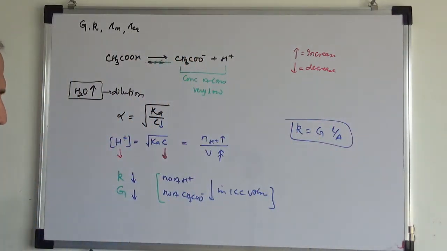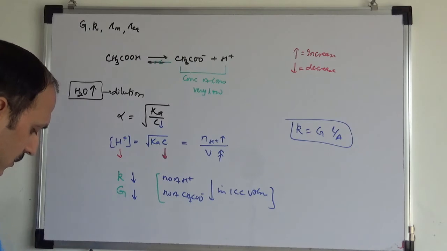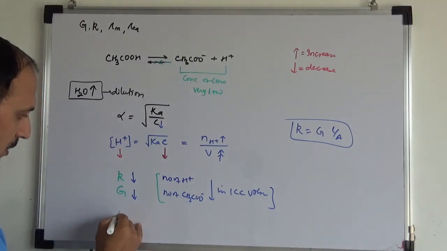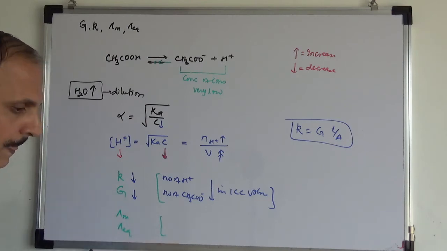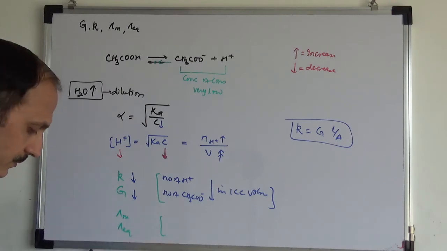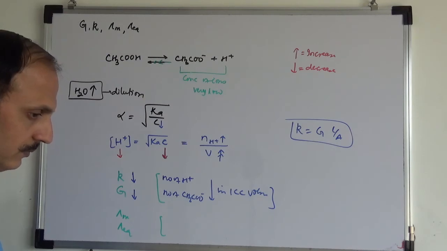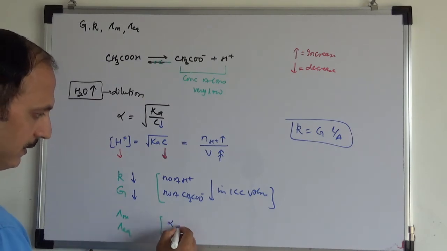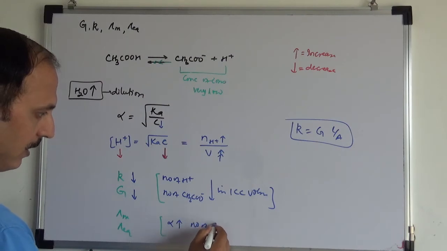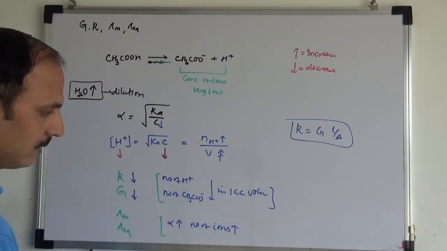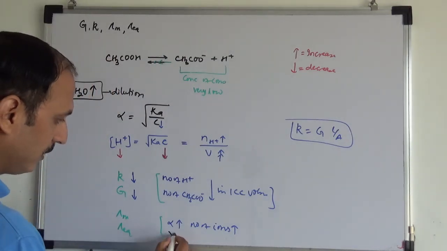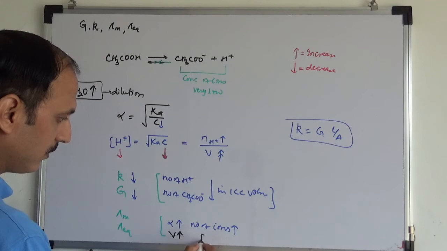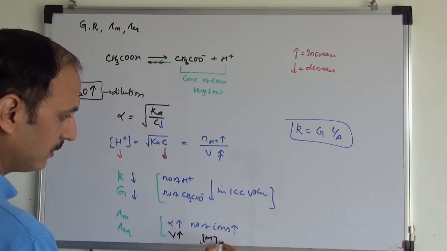Next is molar conductance. Since alpha is increasing, the number of ions is increasing, and volume is also increasing, so the concentration, the molarity, is going to decrease.